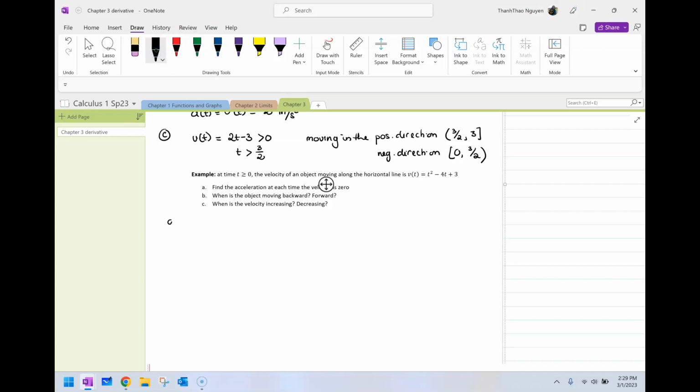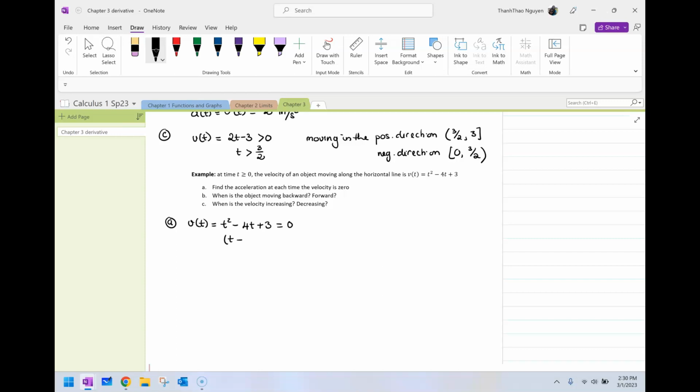Okay. So first we need the velocity function. The velocity given to us is t squared minus 4t plus 3, and we want to find the values of t that make it equal to 0.